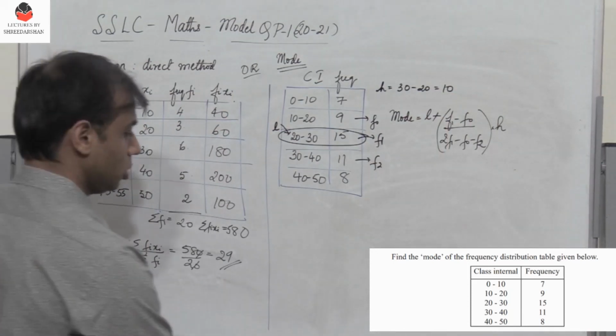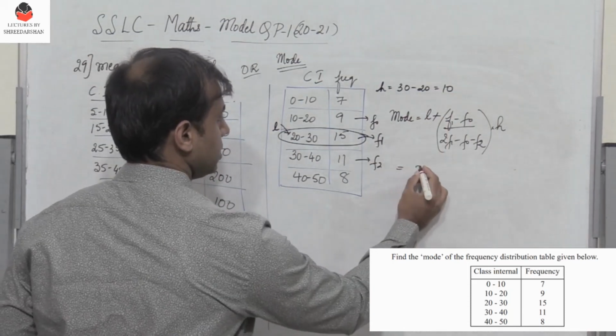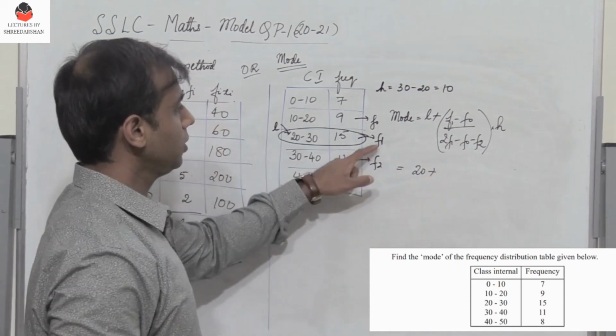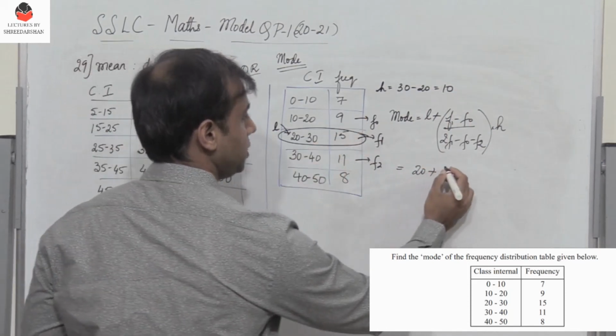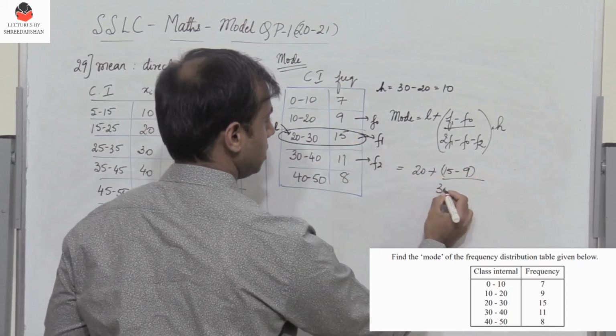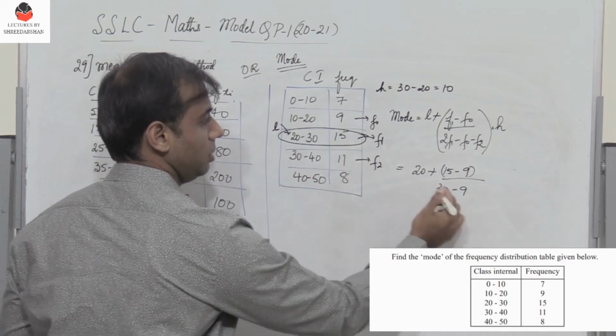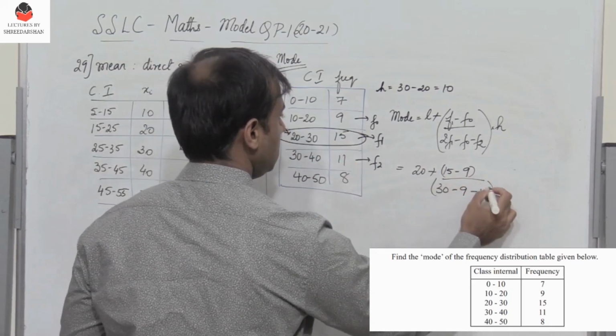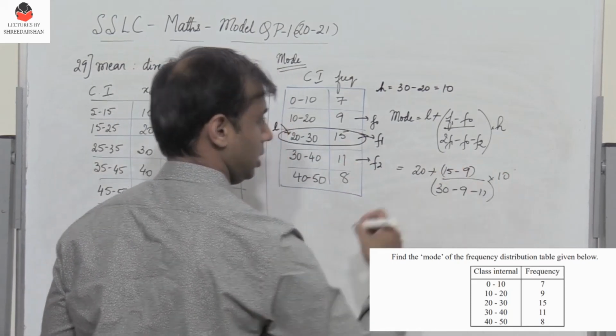So let us substitute all the values. We know that L is 20 plus f1 minus f0, which is 15 minus 9, divided by 2f1 is 30 minus f0 is 9 minus f2 is 11, into h. H is of course 10.